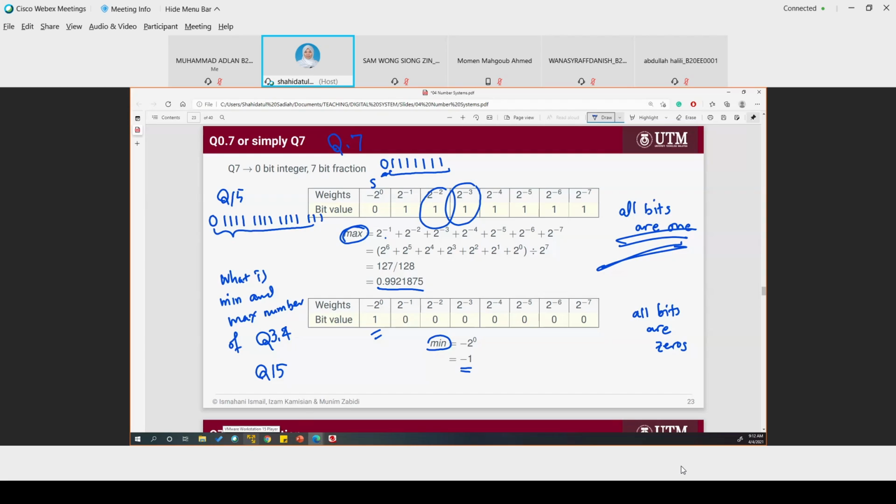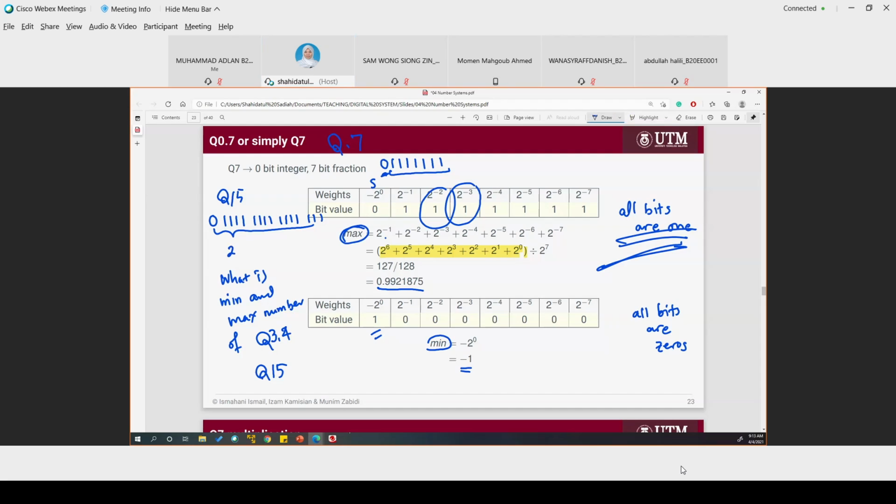If we want to find this in decimal, we have to use this formula. You calculate it as you would the normal binary, and then you divide it by 2 to the power of the number of fraction bits, which is 15.